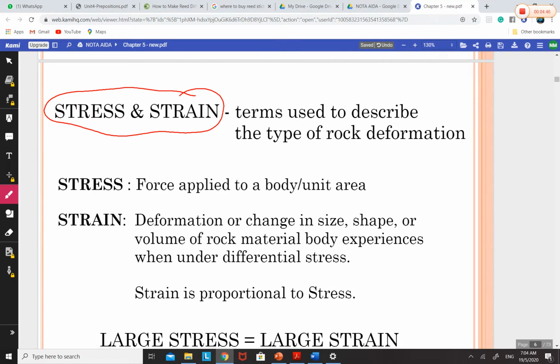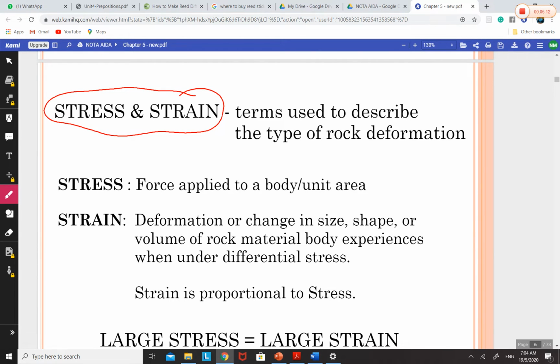These are the terms used to describe deformations. Each material will have deformations. For example, steel, keluli will also deform. Soil, tanah will also deform. So same goes for rock, it will deform due to the stress applied.